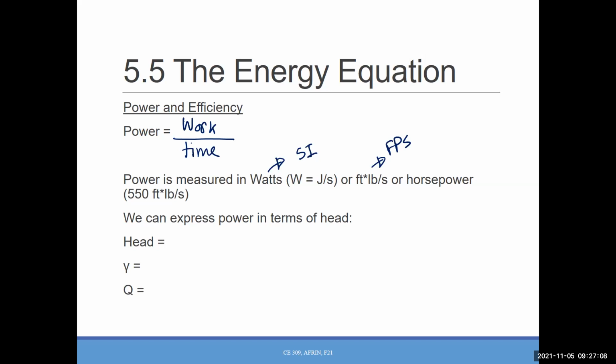When you go to buy a pump or any car, obviously you check the power of the engine in horsepower. Horsepower is not the standard unit, but it is a widely used unit. So what you can do is divide that feet lb per second by 550, and that will give you 1 horsepower. Okay, so we will do that. We can express the power in terms of head. Power equals to gamma Q head.